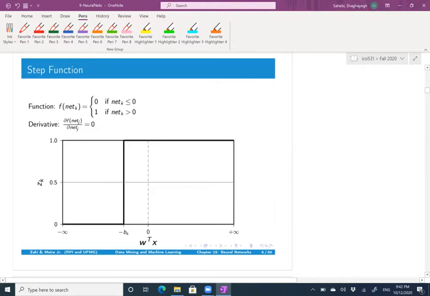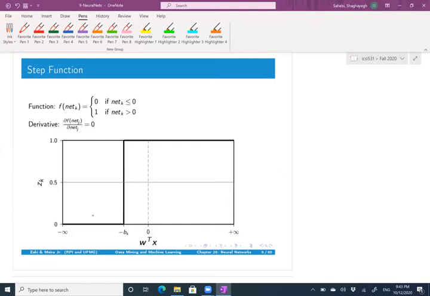The step function is usually not used that much because we are going to use an algorithm called backpropagation, which is like the gradient descent that we have learned before, and it has a difficult condition in which there is a disjunction in the function, and it makes the derivative going back in the backpropagation difficult.